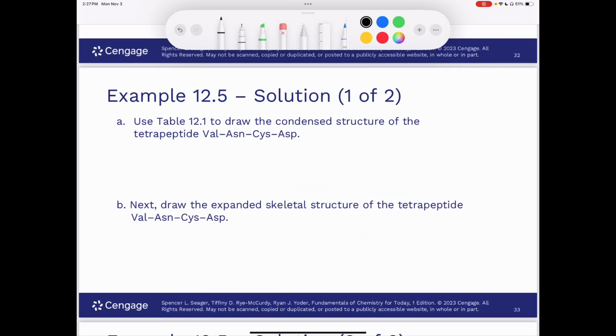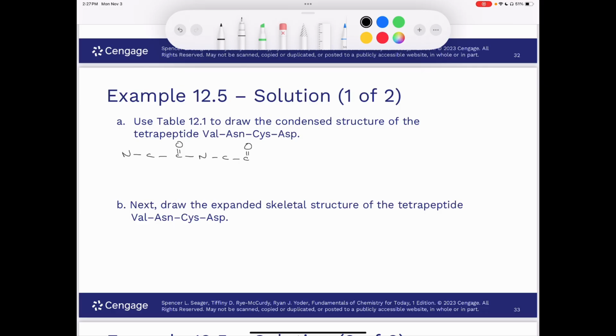All right, so it says to use table 12.1 to draw the condensed structure of the tetrapeptide. So if you need any amino acids, I'll give the structure to you. But remember, what I said is if you want to draw a peptide, in this case a tetrapeptide, remember that they go nitrogen, carbon, carbonyl.